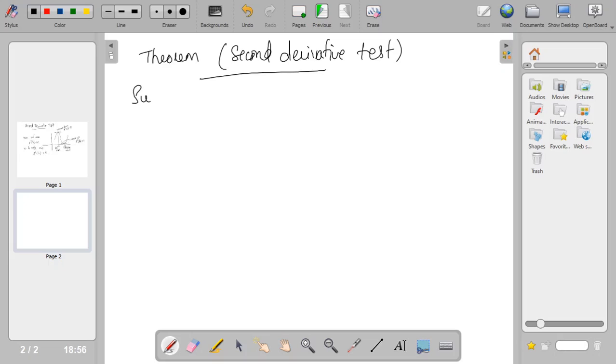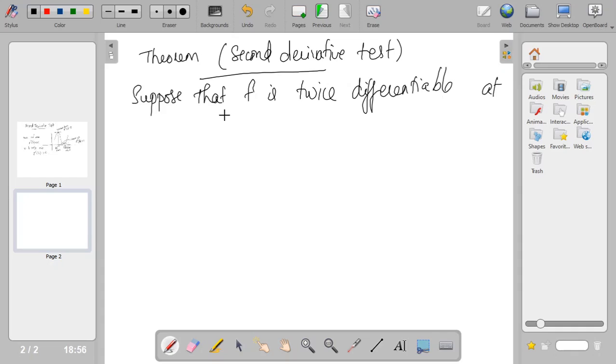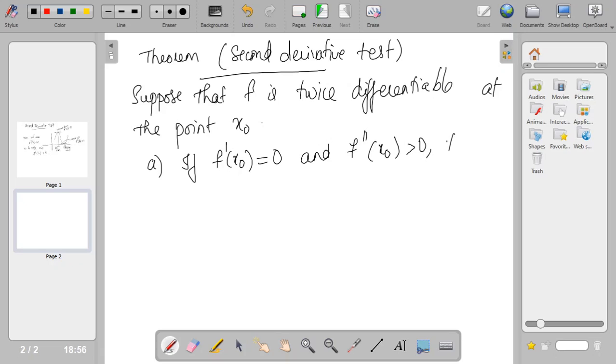So the theorem states that suppose that f is twice differentiable at the point x0, then if f dash of x0 is equal to 0, so that means a stationary point, and f double dash of x0 is greater than 0, then f has a relative minimum at x0.